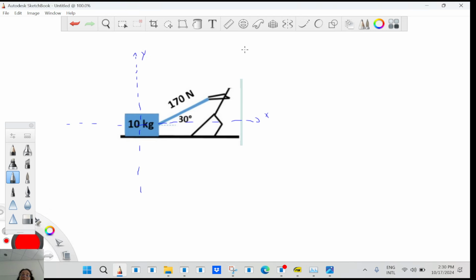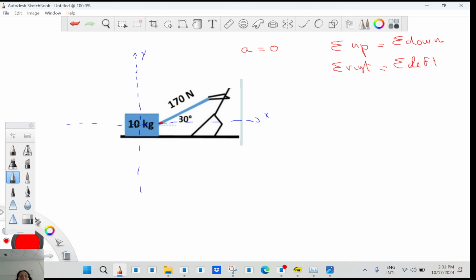And if it's moving at a constant velocity, that means the acceleration is 0, which means that everything up in magnitude has to equal everything down in magnitude, and we are only talking about components. And everything to the right equals everything to the left, sorry. See, I'm tired, 2 p.m., I'm tired.